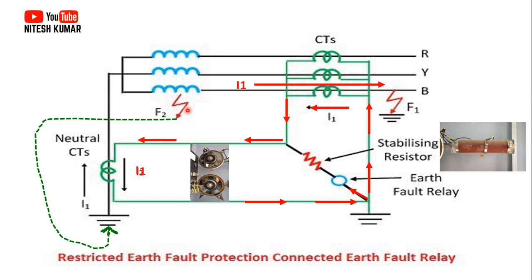In that condition, a very huge current is flowing, and in the CT secondary several kilovolts will be developed. Just consider more than 3 kV, 4 kV, 5 kV, 6 kV voltage will be developed. In that condition, your CT secondary wire and relay will not be able to withstand it.